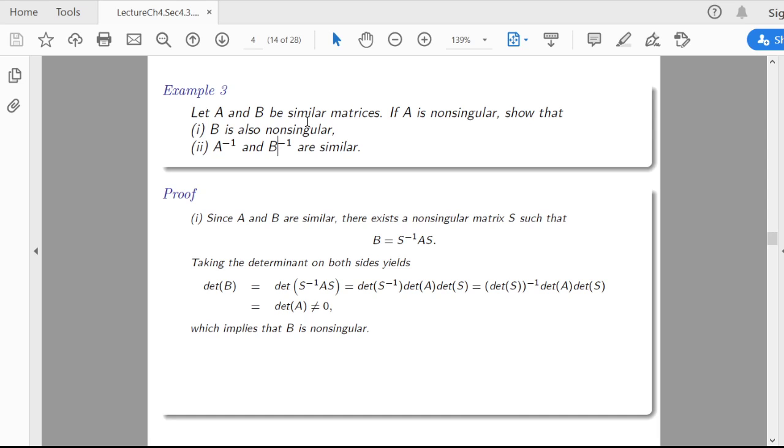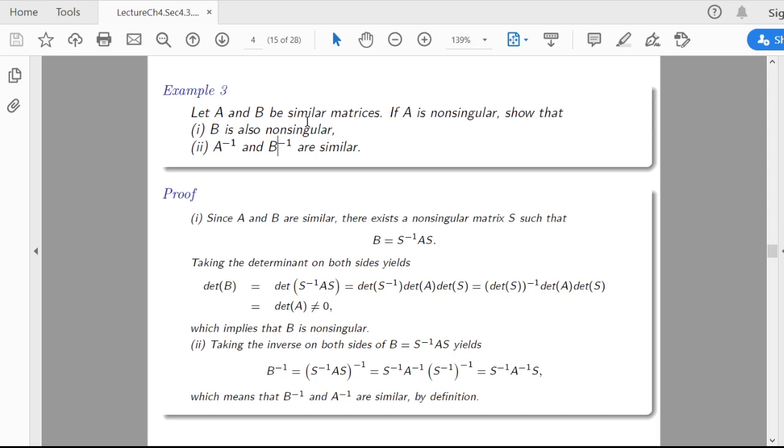To prove the second part, we still use this equation, B equals S inverse times A times S. This time, because we want A inverse and B inverse, what we do is take the inverse of both sides. Taking the inverse of the left side, we get B inverse, and on the right side we need the inverse of a product of 3 matrices.